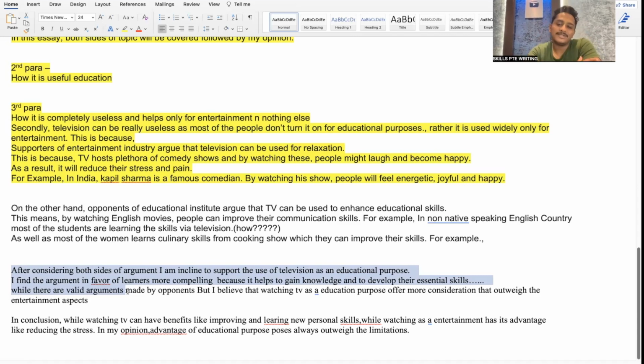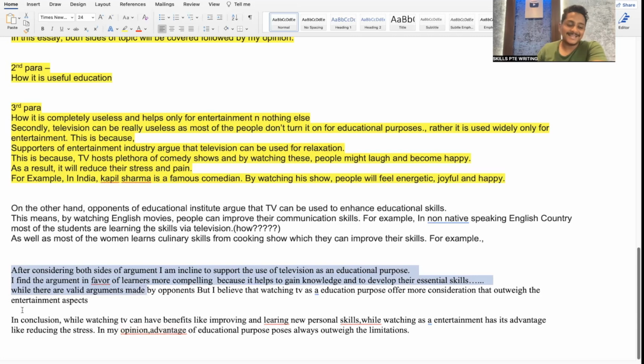They're making use of the satellite connection and learning, distance learning, and many things through TV shows, through news channels, and hence I believe television is used for educational purpose. This much I need in this part.